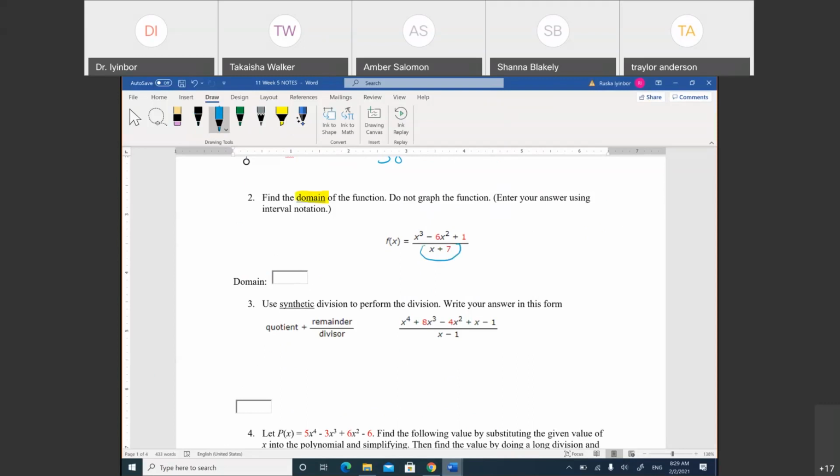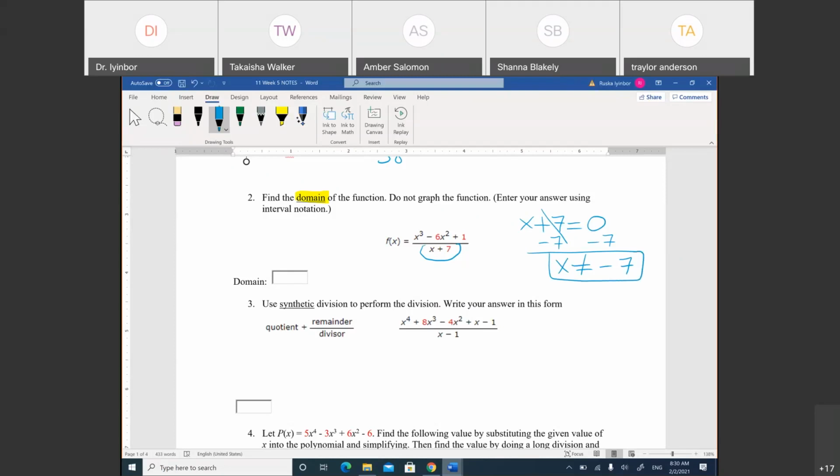What you do is solve x plus 7, the bottom, equals 0, because the denominator cannot be 0. So I'm going to subtract 7, and you get that x is not negative 7. If they're asking you for the restriction, that's going to be the restriction: x is not negative 7.